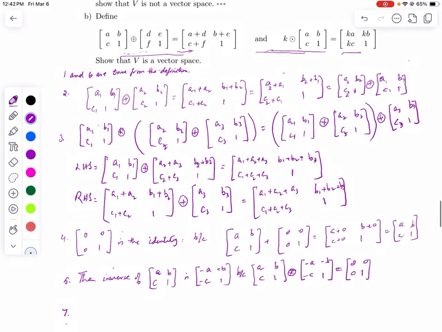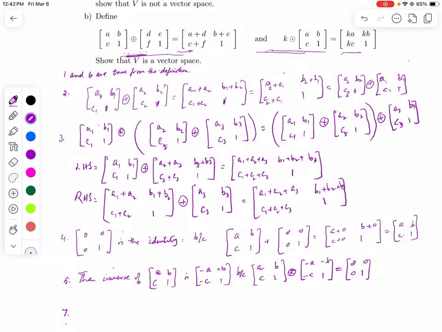So we start with number 2, where we have to show commutation, like first vector plus second vector is the same as second vector plus first vector. So I took the first one as a1, b1, c1, and fourth place is 1. Second vector a2, b2, c2, fourth place is 1. When we add them using this defined addition, we get a1 plus a2, b1 plus b2, c1 plus c2, and 1 remains 1.